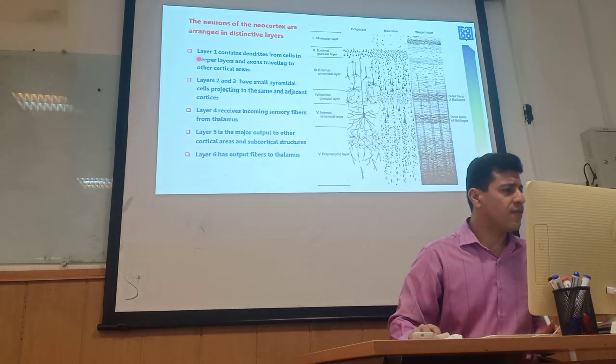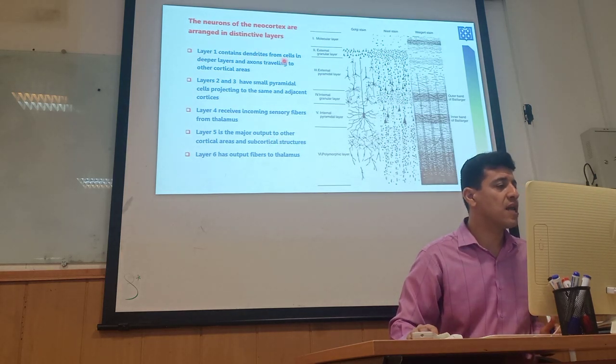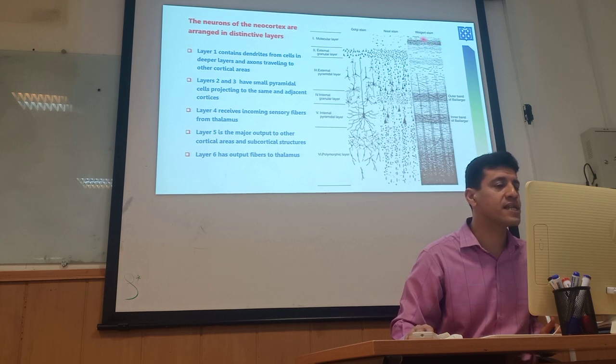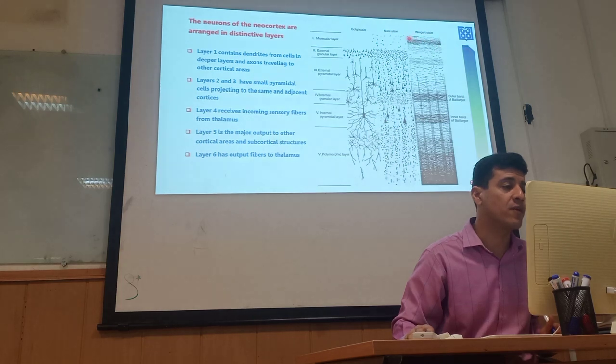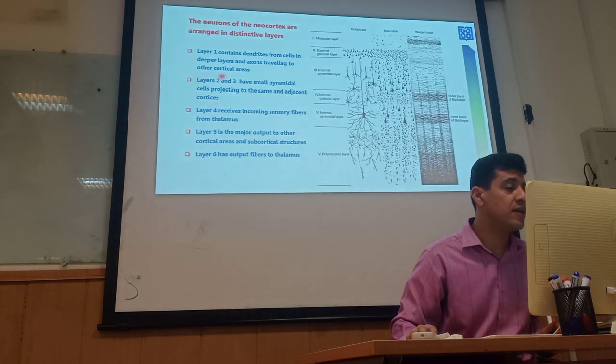So layer 1 contains dendrites from cells in different layers and axons traveling to other cortical areas. So layer 1, here, there is no cell here, so you have only dendrites and axons. Axons are coming from other cortical regions. Layer 2 and 3 have small pyramidal cells, 2 and 3. Okay?